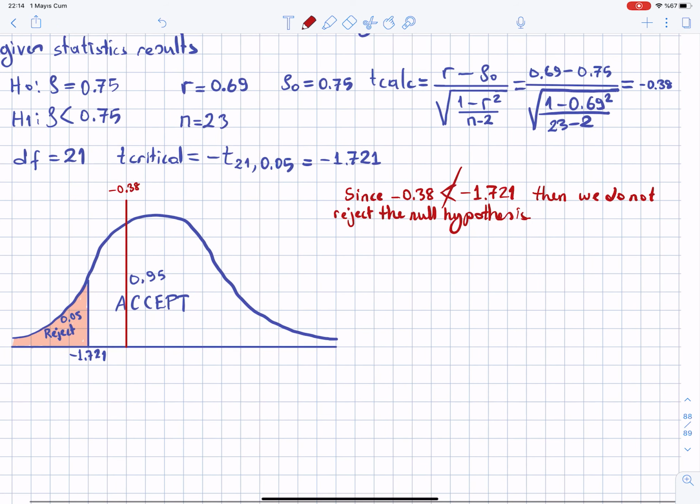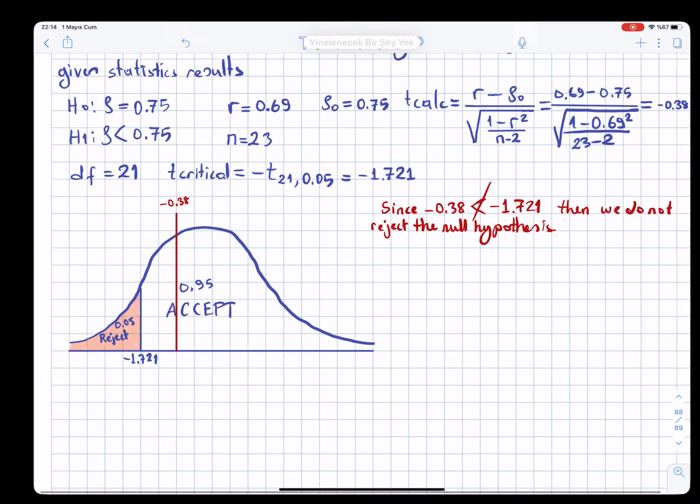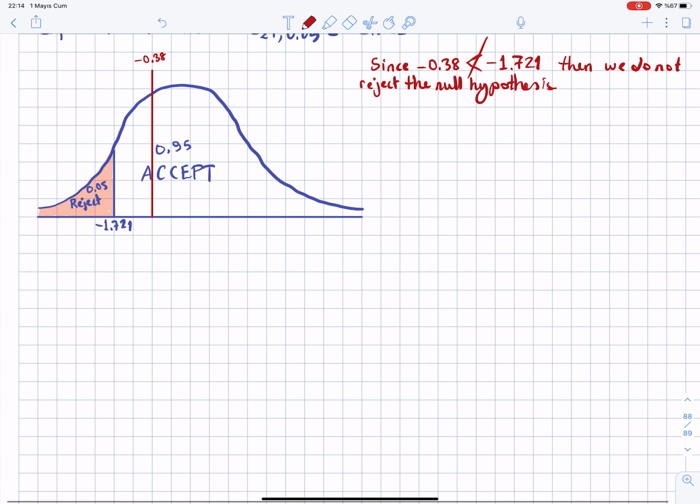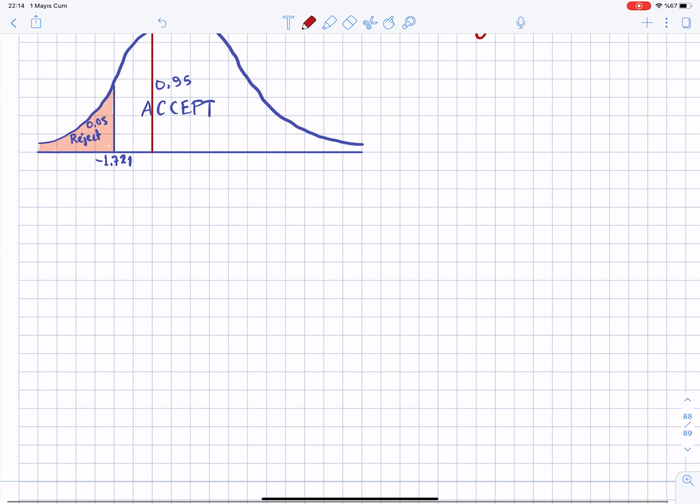Okay. One more thing for the testing: if you have the test statistics, you are also able to construct a confidence interval.